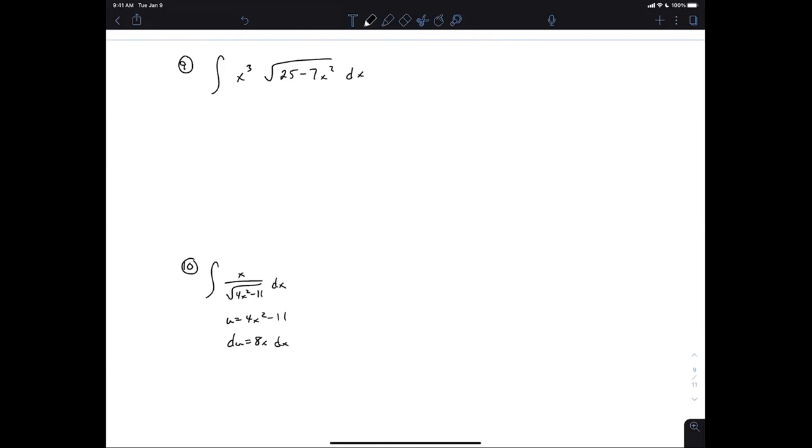So you get like u to the -1/2 du once you mess with that on that last one. On 9, I assume when I work out solutions, I use trig sub, but you could mess with it and use u sub. Let's do it with trig sub because I think that's what I wanted you guys to do.